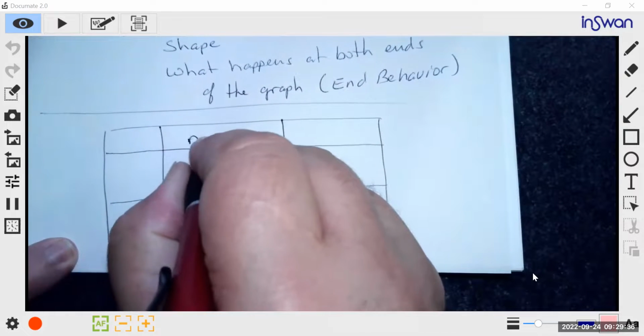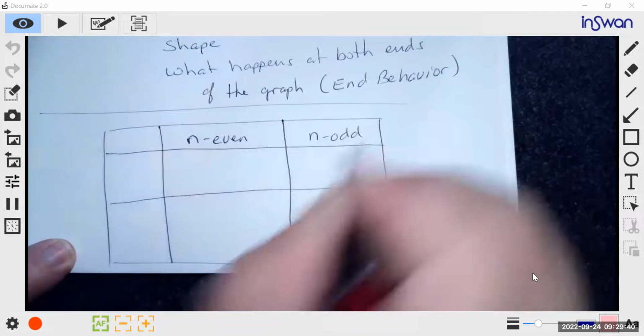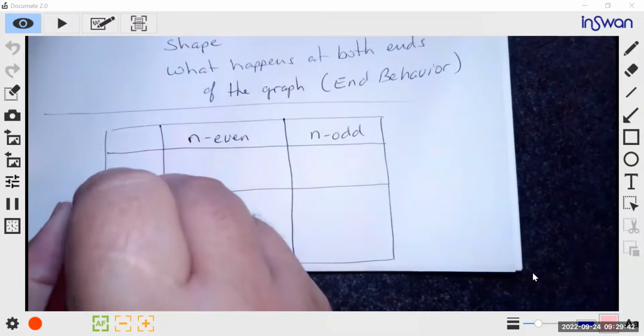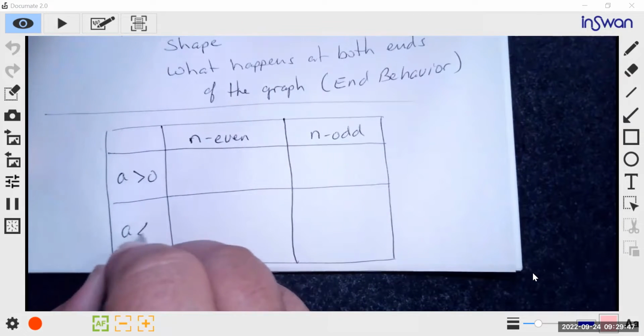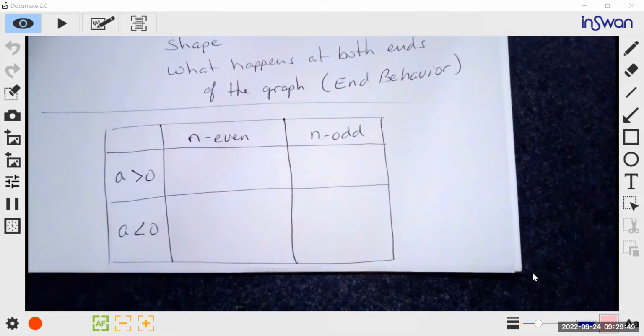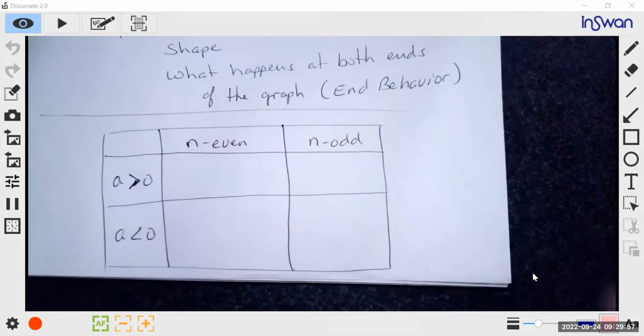Here, n is even, n is odd, a is positive, a is negative. All right.